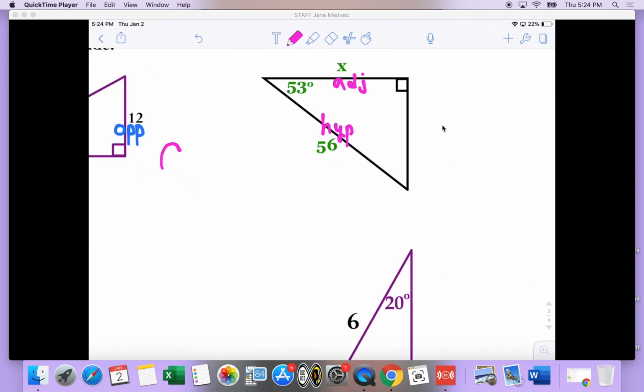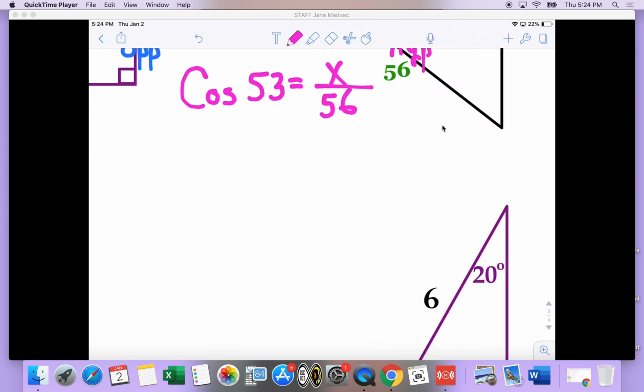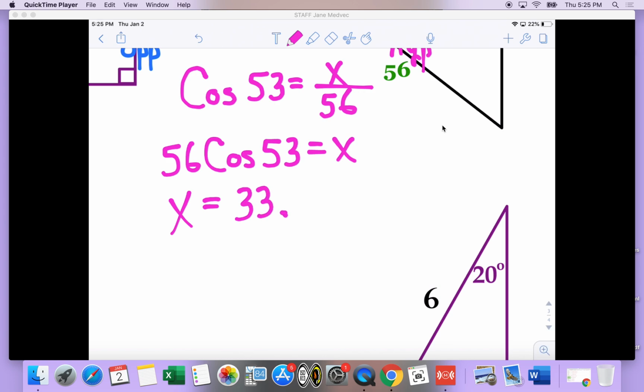So cosine of 53 equals adjacent over hypotenuse. I want to get x by itself, so I'm going to multiply both sides by 56. So 56 cosine 53 equals x. On my calculator, 56 cosine 53 ends up being 33.7. And again, that's side length.